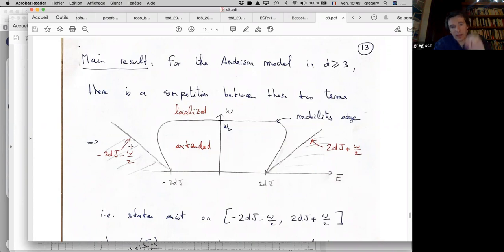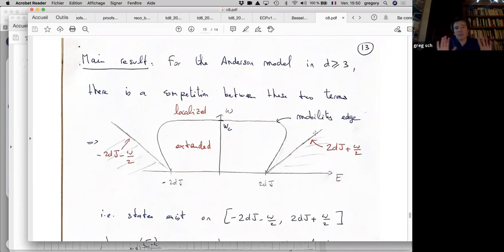That means for E on that region here, or when E is much bigger than 2dJ plus omega by 2, on the right of that line. So if you look at omega fixed, the density of states will have a finite support between minus 2dJ minus omega by 2 and plus 2dJ plus omega by 2.